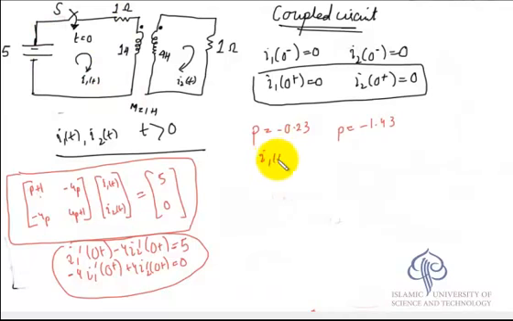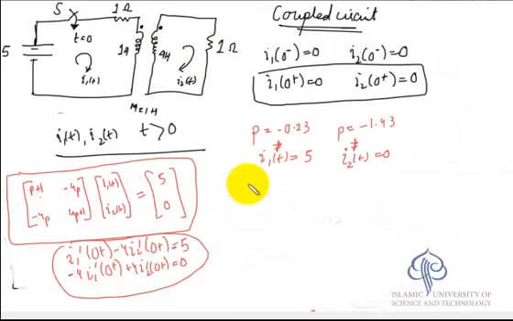So I1t hash, the particular integral, is 5 amperes, and the steady state value for the current here is going to be 0 because there is no voltage source connected. So I2t hash is going to be 0. There's going to be no di by dt, so there is no mutual inductance voltage, so the particular integral is going to be 0.